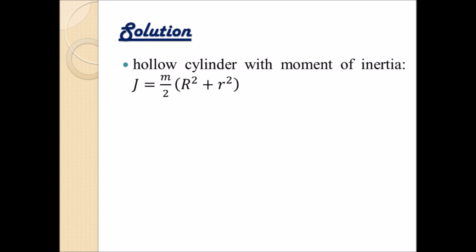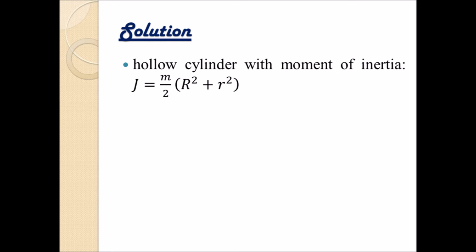Well, a hollow cylinder has a moment of inertia which is similar to a solid cylinder, but in case of a hollow cylinder, J equals m divided by 2 multiplied with the outer radius squared plus the inner radius squared.